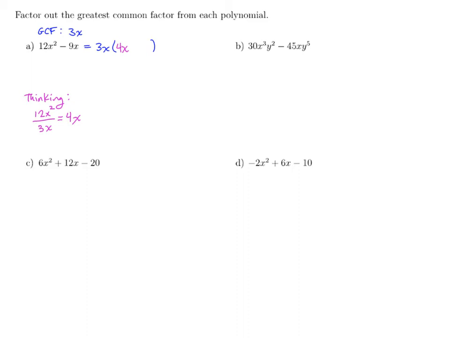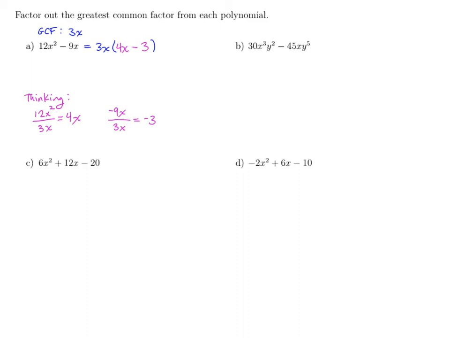Now, we had negative 9x, we factored out 3x. So thinking negative 9x over 3x, we can see that that's just going to be negative 3. So inside here, we subtract 3. And so what we have is 12x squared minus 9x equal to 3x times that expression 4x minus 3.